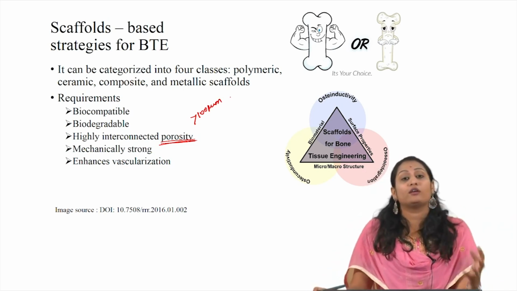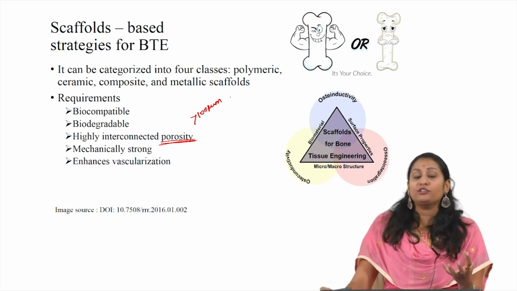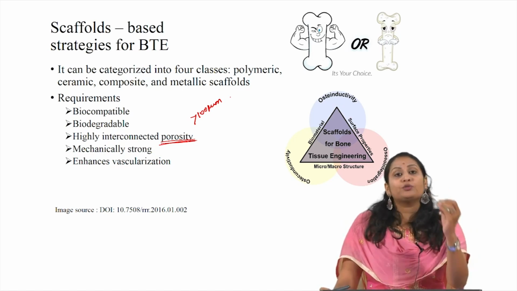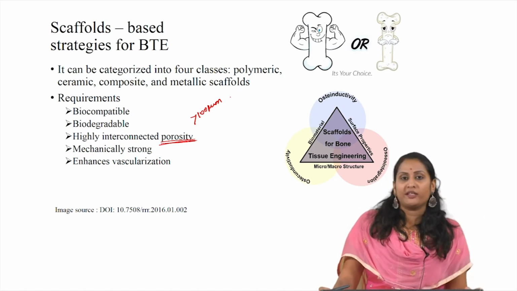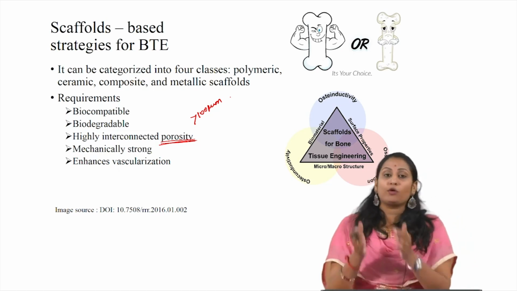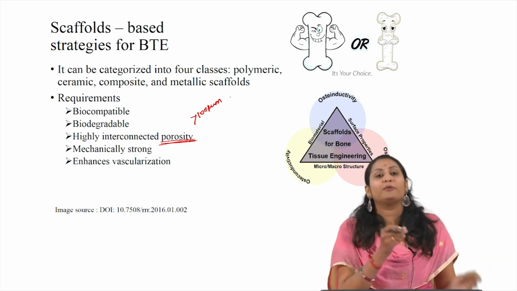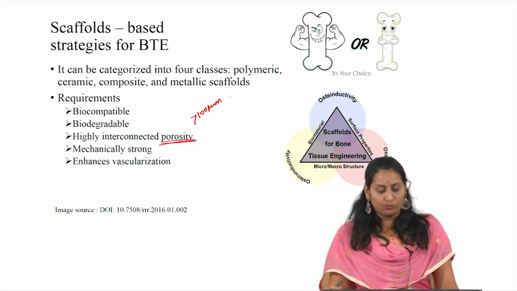Since we are aiming for bone tissue engineering, the scaffold should ideally be strong, and it should mimic either cortical bone, in case of cortical bone tissue engineering, with mechanical properties similar to cortical bone, whereas for spongy, cancellous bone, it should mimic the properties of spongy bone.